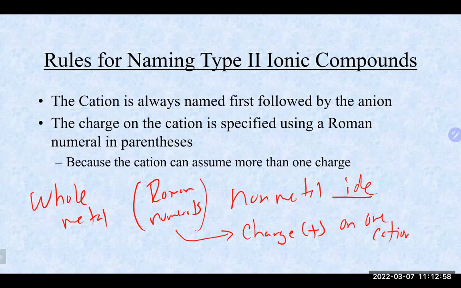Not the grand total, not how many you have of it, but if you just took one of them by itself, what the positive charge is. All other rules still apply. If you have more than one metal, it doesn't affect the name other than needing the Roman numeral. And obviously, if you have more than one non-metal, it does not affect the name. No prefixes should be used here either when you're naming these.